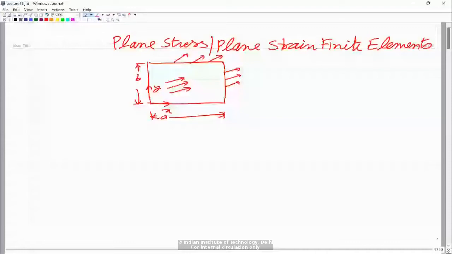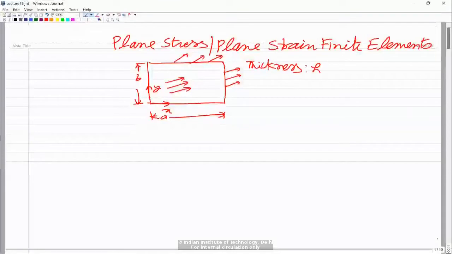But it could be a plane strain problem also, so that depends on the thickness. If we talk of the thickness, let us say h, there are two possibilities. If the thickness is very small, basically a by h would be much greater than 1.